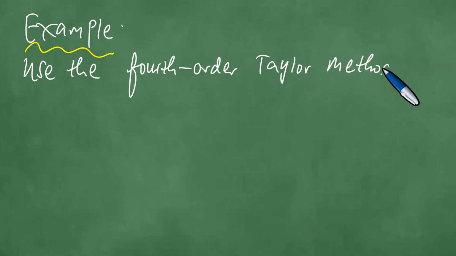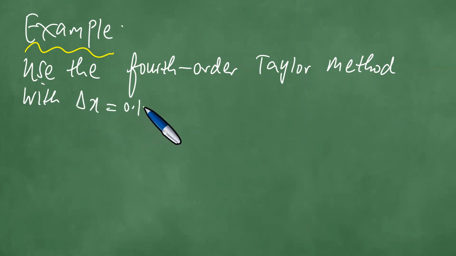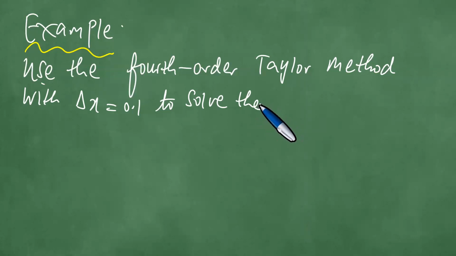Sometimes the tendency is to say fourth order Taylor method or fourth order Taylor's method, which are interchangeable, with delta x equals exactly 0.1 to solve. This was exactly the very first question, so we're just reverting back to the notion of Taylor for the exam purpose to solve the differential equation.